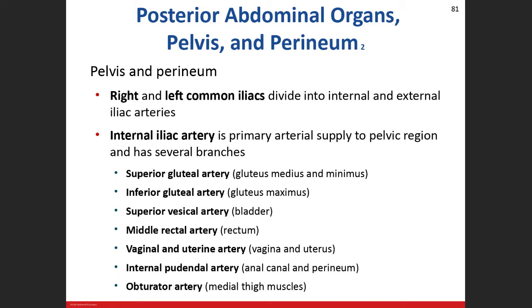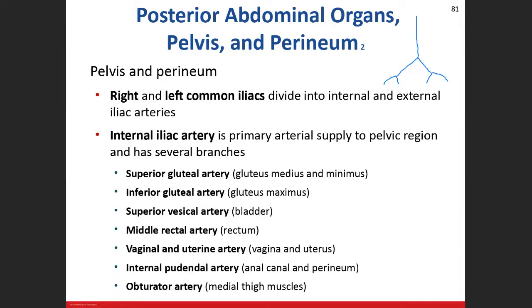I already went over this one too. When we talk about the descending abdominal aorta, it splits off into the right and left common iliacs, and then the common iliacs will split off into the right internal and right external iliac, and same for the left. So the internal iliac has these branches here.